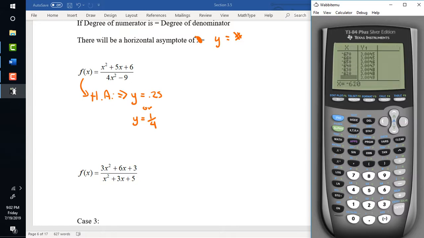Let's look at what's happening here. Sorry, let me start off at 0. If I look at my table and my y values, it's getting closer and closer to 3.